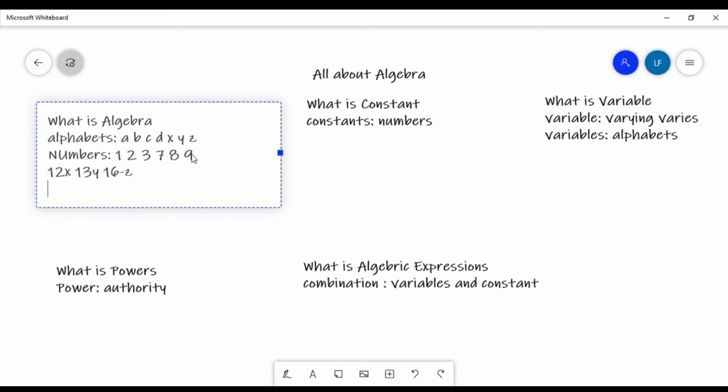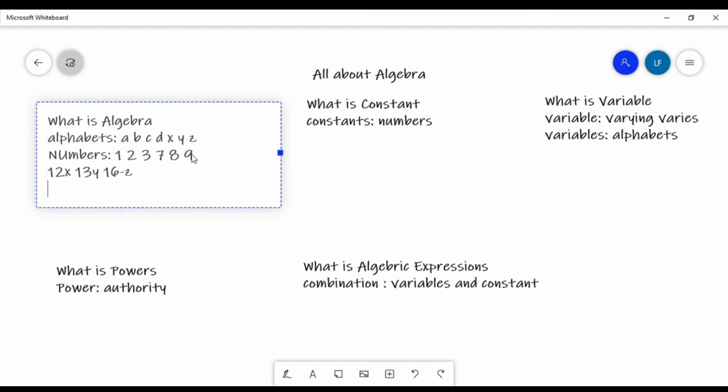But how can we differentiate between algebraic numbers and rational numbers, etc.? You see, rational numbers have their own set of numbers, in the sense that they consist of integers, natural numbers and whole numbers, but they also have their own set which are fractions.